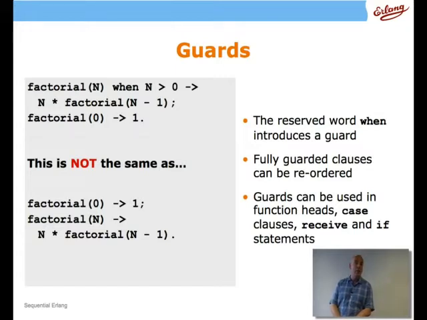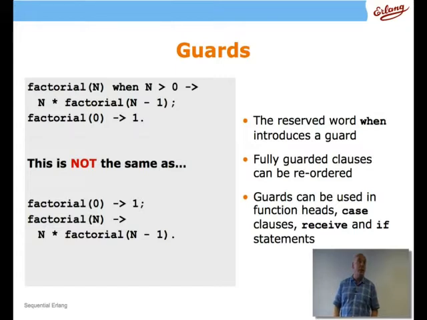So as it says in the remarks, if you have fully guarded clauses, it's possible to reorder them. So the order of those two clauses is independent. We can choose the ordering there. Of course, if you reorder the bottom two clauses, you'll never hit the factorial 0 case, you'll never hit the base case. So now you can see you can use a guard in a function head.